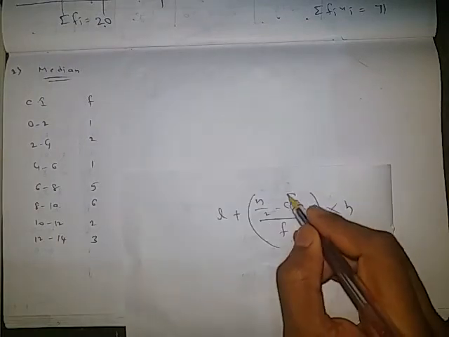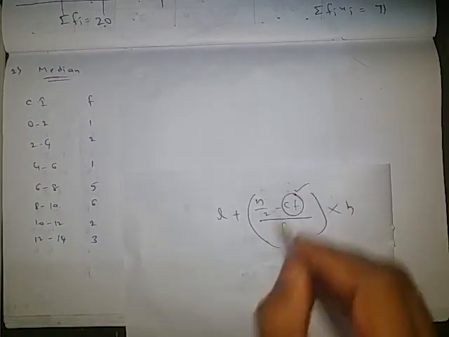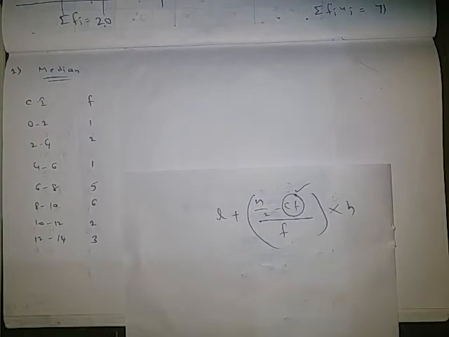If you observe the formula clearly, here we have CF, that is cumulative frequency. So our first duty in the median is finding the cumulative frequencies. Okay, let us find out the cumulative frequency now.